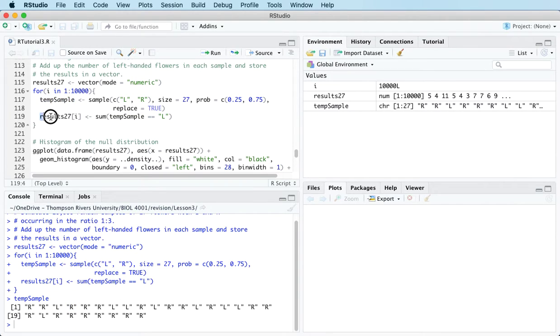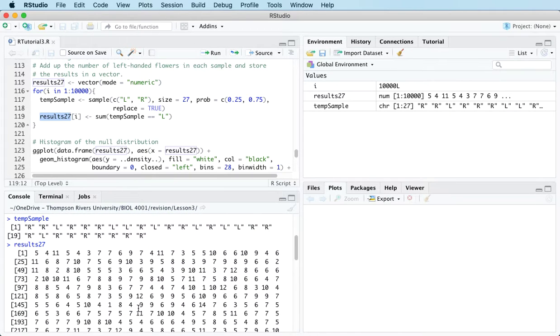And overall, if I count the number of left-handed flowers in each sample, first sample I got 5, second one I got 4, third one I got 11, and so on.